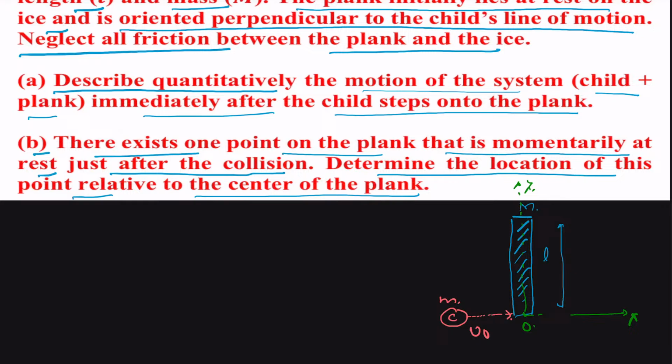The initial velocity of the child is along the x direction, so we can call this v naught i unit vector, and the collision is taking place at this point, which is our origin. And we are going to start with the conservation of momentum. So let us write the conservation of our linear momentum.